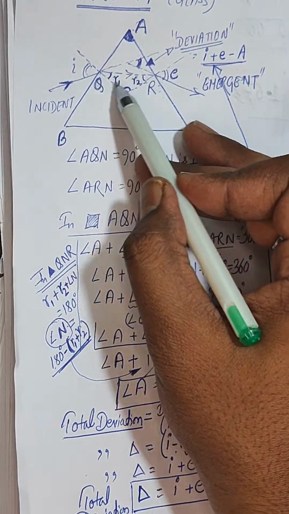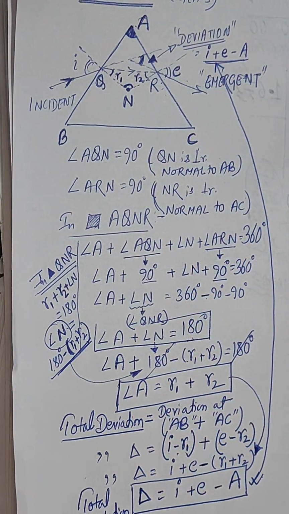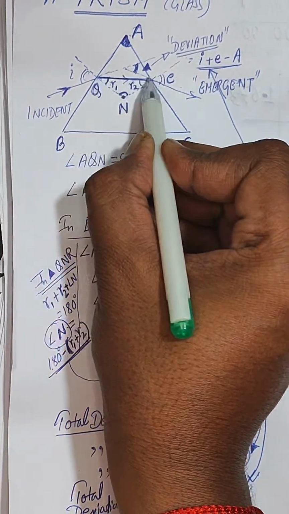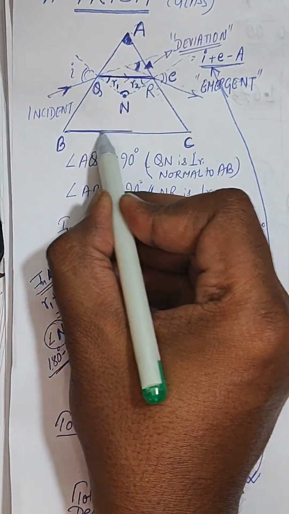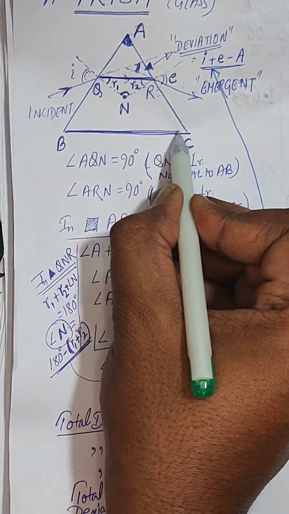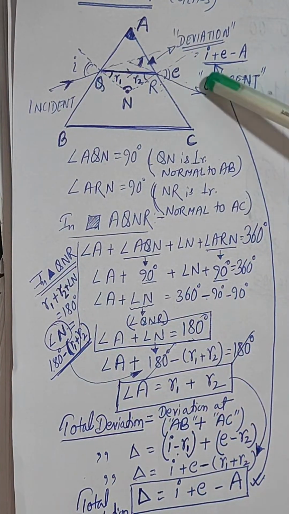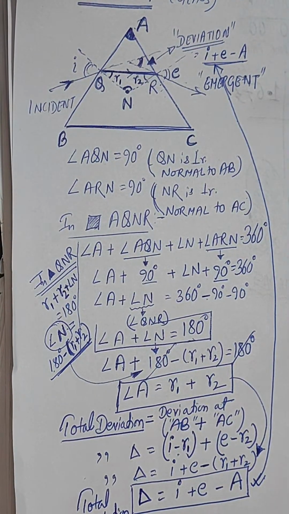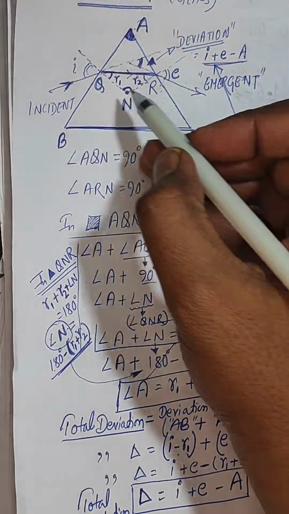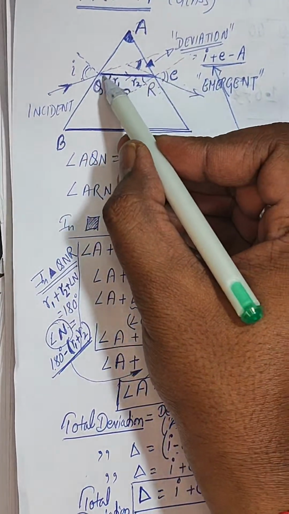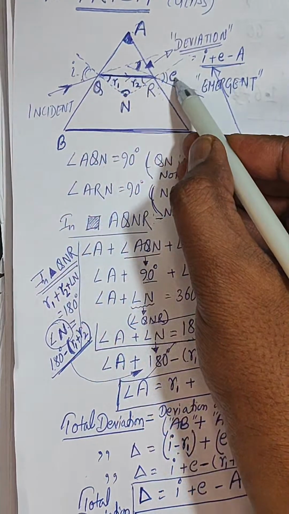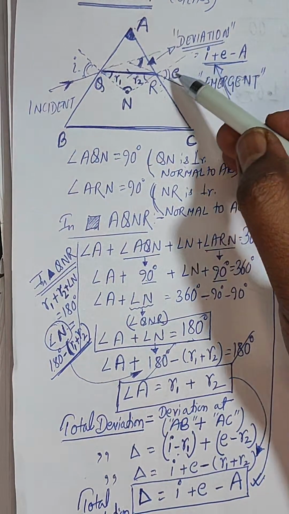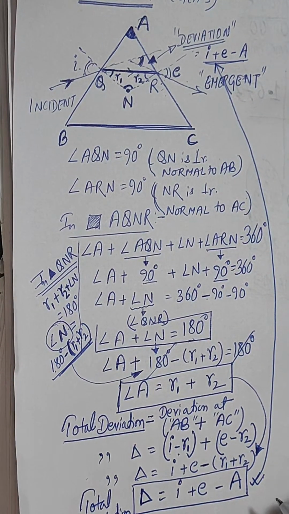When for a small deviation QR is parallel to this BC base, for the minimum deviation, then we can say that I will be equal to E, which implies R1 equal to R2, right?